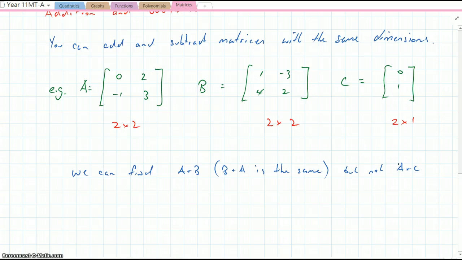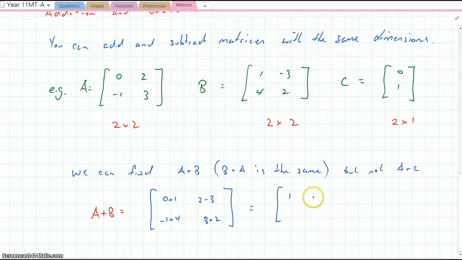Right, so let's find A plus B then. How do we do it? Well, it's just as you'd imagine. 0 plus 1 in the first spot, 2 minus 3 in the second slot, minus 1 plus 4 down here. So we find the result by just adding the elements. I did that so that you could see the operations. You don't need to do that in future.